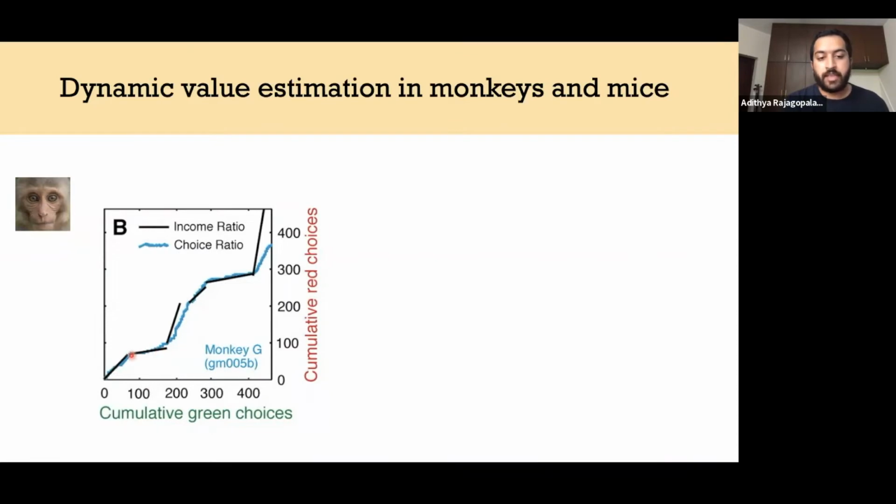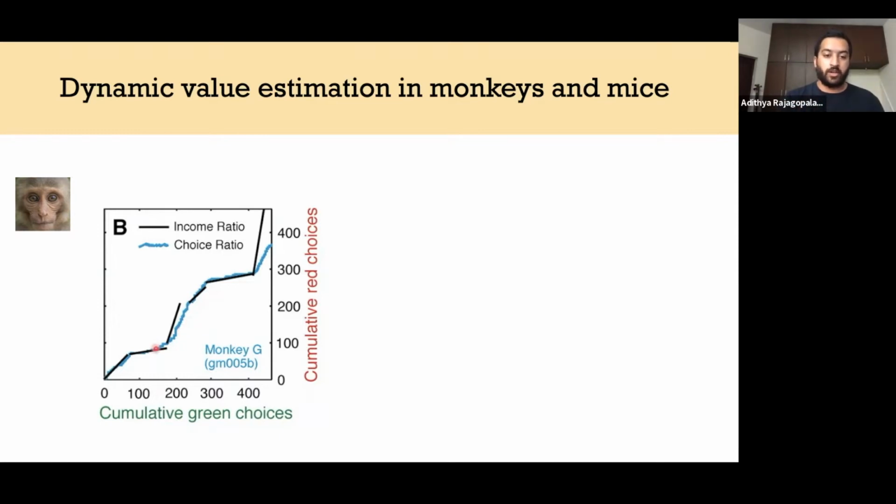And you can see that these two curves overlap even as they change over time. And this behavior is called operant matching. So the ratio with which the animal divides its choices matches the ratio with which the animal receives an income.